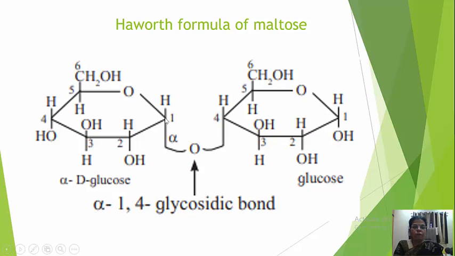That is alpha D glucose containing anomeric hydroxy group, and this is second alpha D glucose, but hydroxy group is used from the 4 number carbon atom, which is not anomeric carbon atom, and therefore this anomeric carbon atom of this maltose is free, and therefore it is called as reducing sugar. This is alpha 1,4 glycosidic bond or linkage in the maltose.